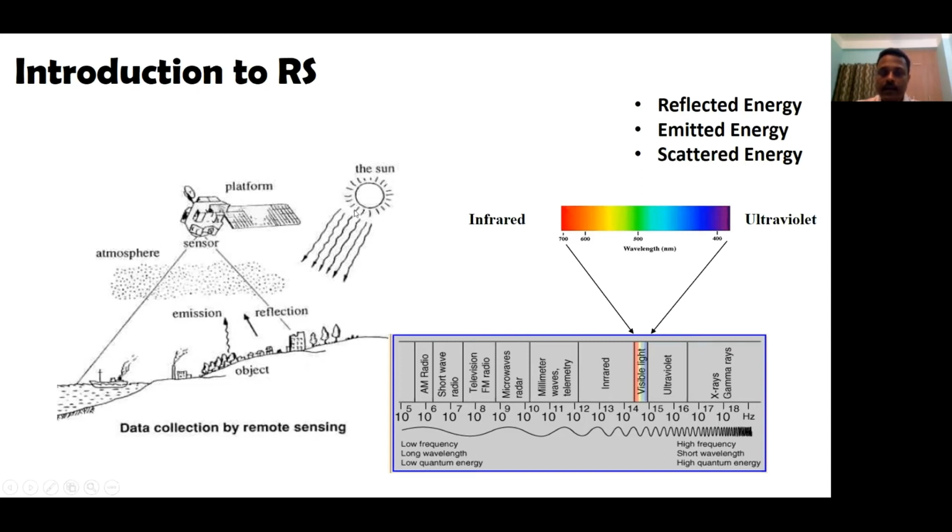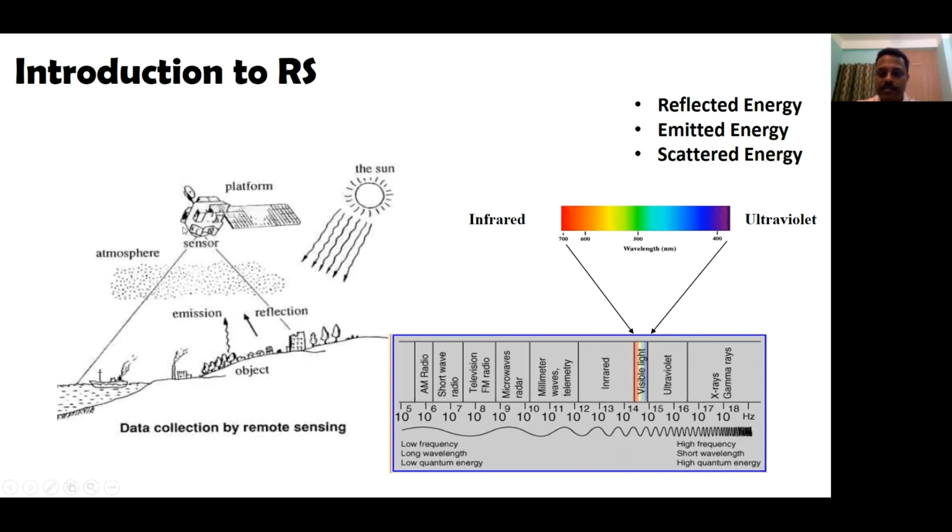And again, some of the energies coming from the sun are not able to entirely penetrate the atmosphere because of the aerosol or dust particles present in the atmosphere itself, and they are scattered back in all directions.